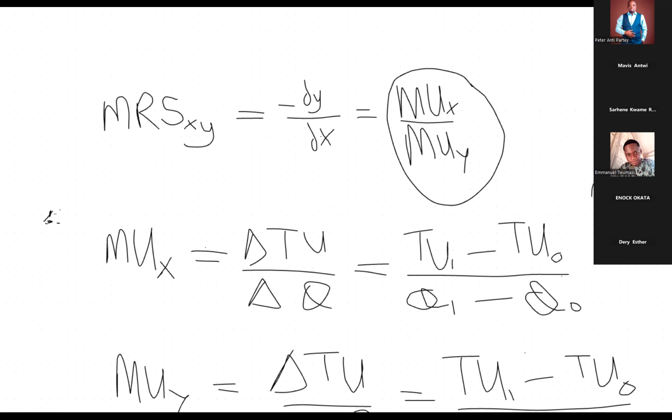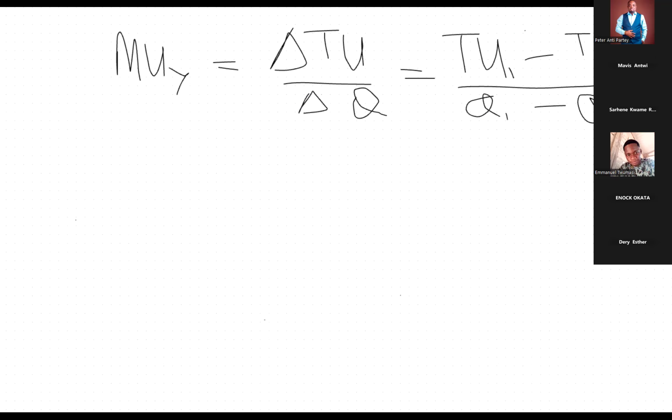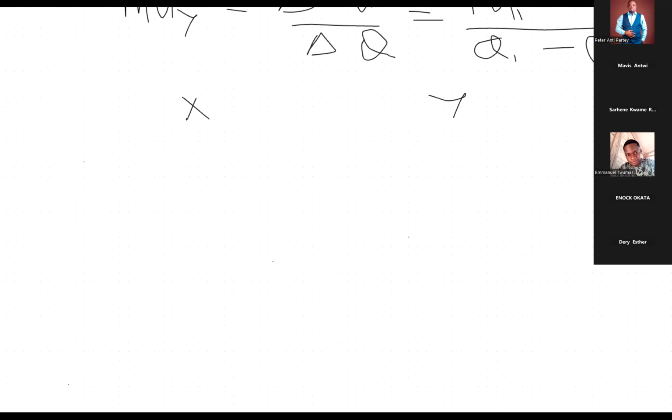So let me do a numerical example for us to see. We will have commodity X, and then we will have commodity Y. Under commodity X, we have K and then TU, using just total utility. Under commodity Y, we also have K and then TU.